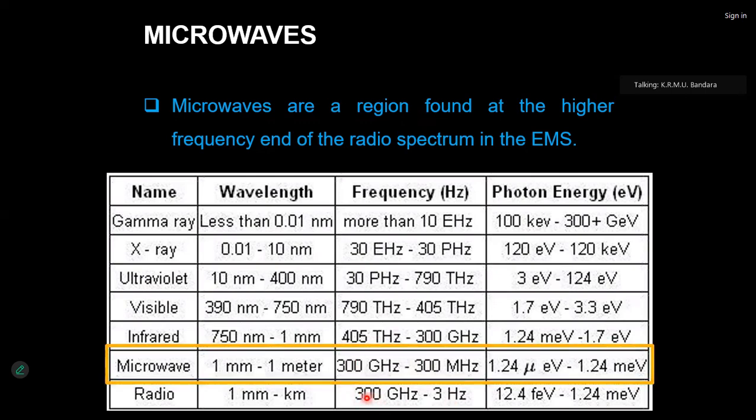Radio wave is 300 gigahertz to 3 hertz. In between, 300 gigahertz to 300 megahertz is the high frequency part at the end of the radio wave. Okay, for radar we normally use the 1 millimeter to 1 meter range.